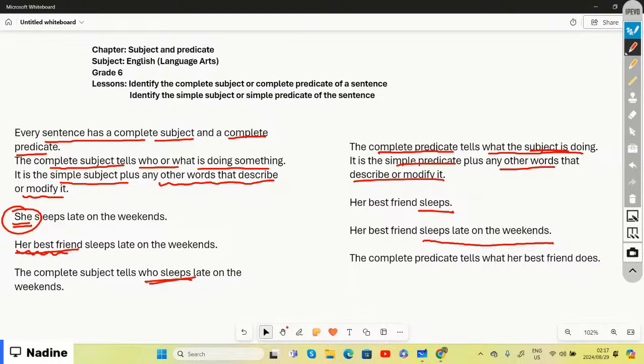And the complete subject is the simple subject plus any other words that describe or modify it.